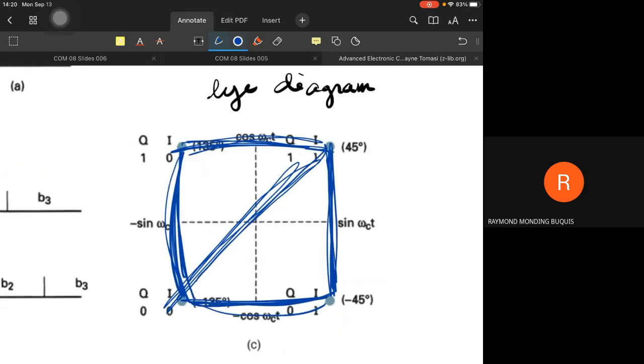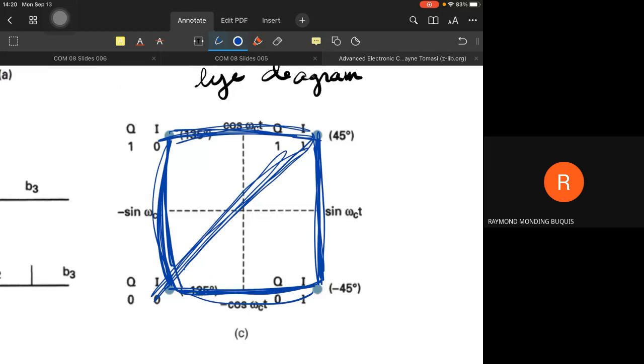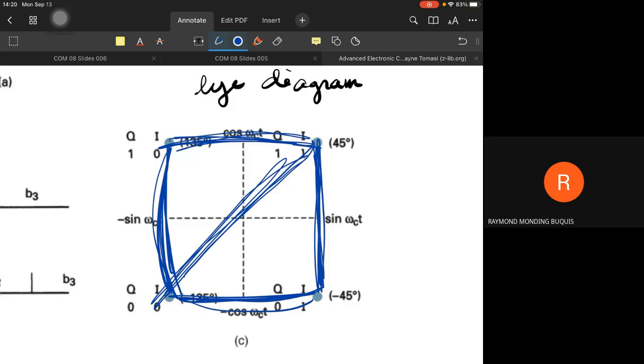Wala na ink. Muna ang eye diagram for regular QPSK. But for offset QPSK, yan na lang.